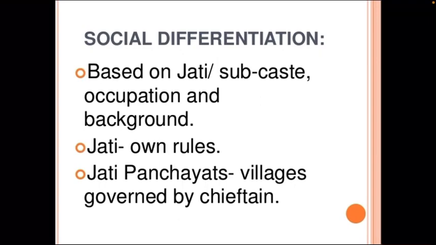These jatis had their own rules. Jati panchayats were also formed. Villages were governed by chieftains referred to as jati panchayats. They were formed by the different jatis in a particular area.